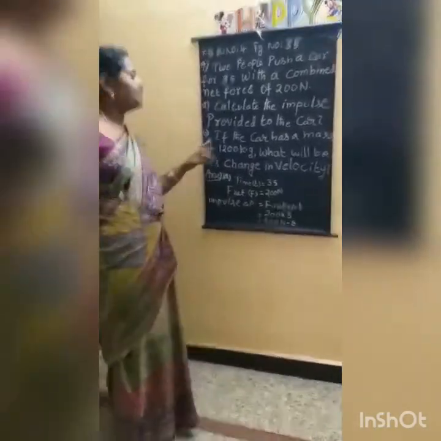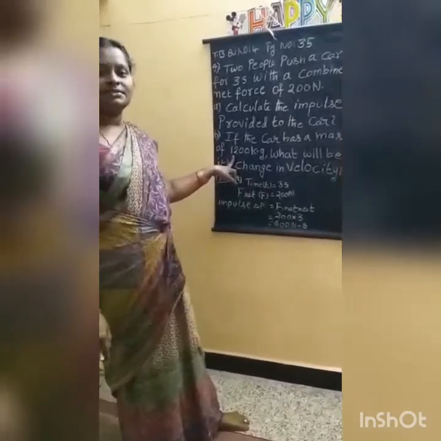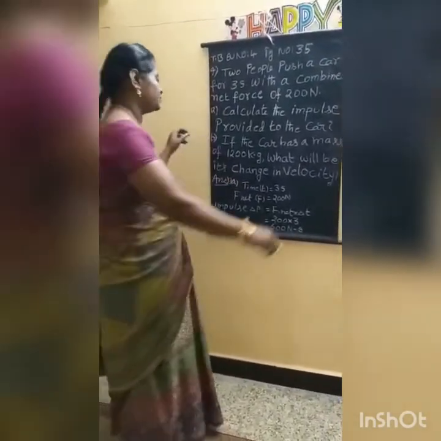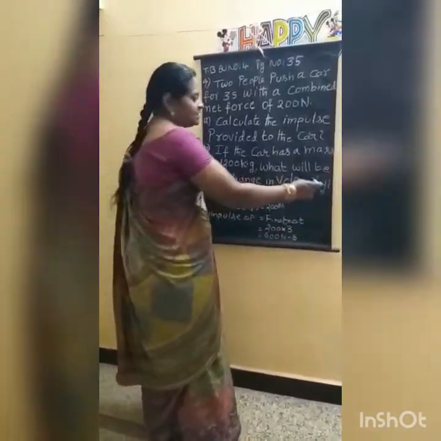Second one. If the car has a mass, in this case the mass of the car is given, where m is equal to 1200 kgs, what will be its change in velocity?